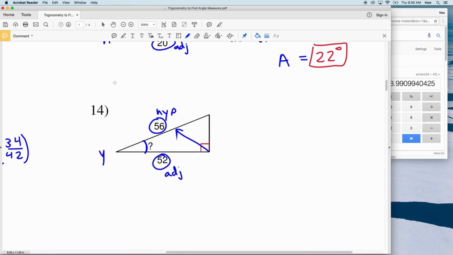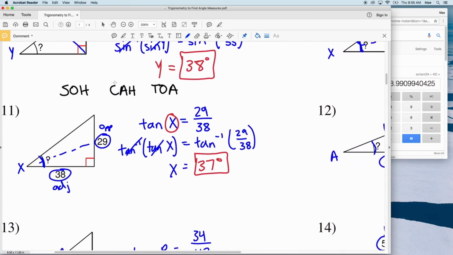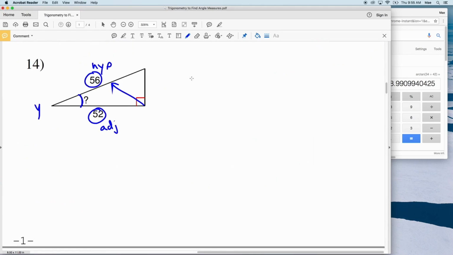So let's scroll back up to where we wrote SOHCAHTOA so we can see if we're given the hypotenuse, we're either going to use sine or cosine, but we're given the hypotenuse and the adjacent, so we're going to use cosine. So for number 14, the cosine of angle Y is equal to, remember, it's adjacent over hypotenuse, so that's going to be 52 over 56.